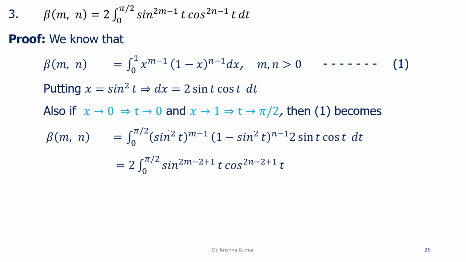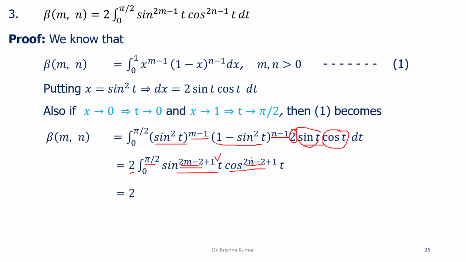Now, this 2 we have taken outside: 2, integration under the limit 0 to pi by 2, sine to the power 2m minus 2, and this has power 1, so 2m minus 2 plus 1, of t. Similarly, 1 minus sine square t is nothing but cos square t. So its power is cos square to the power n minus 1, that is 2n minus 2, and this has again power 1, so 2n minus 2 plus 1, of t. Now 2m minus 2 plus 1 is 2m minus 1, and 2n minus 2 plus 1 is 2n minus 1.